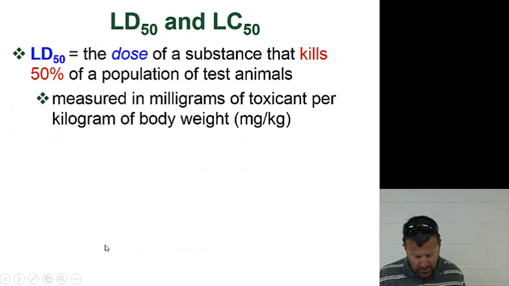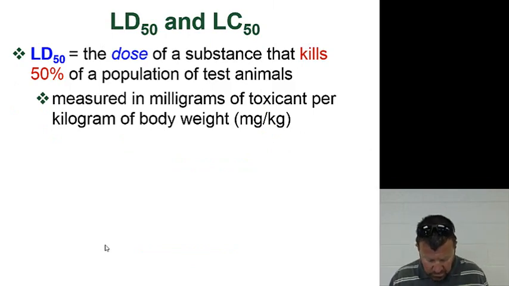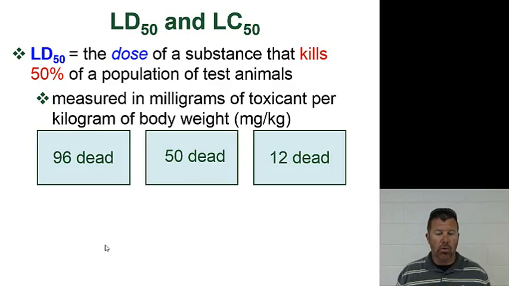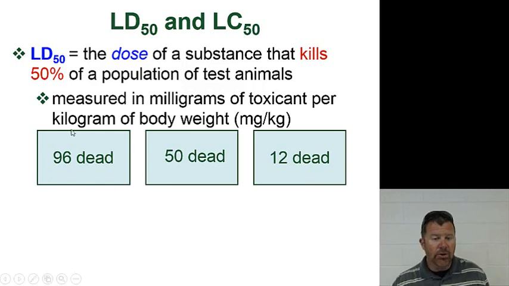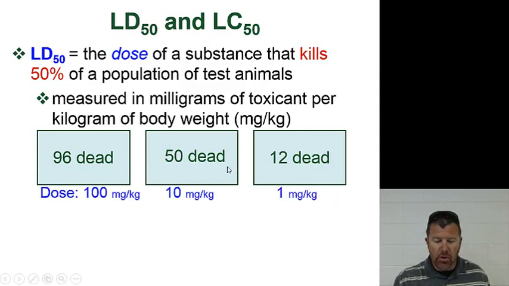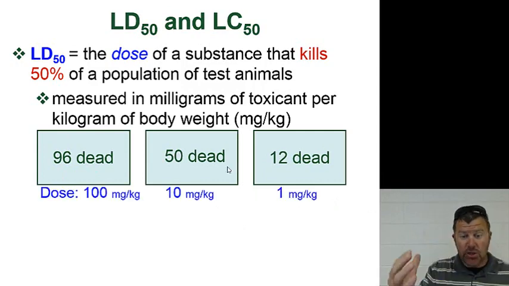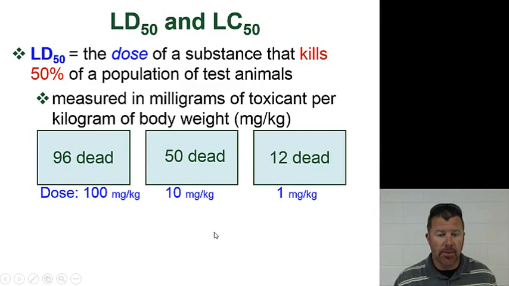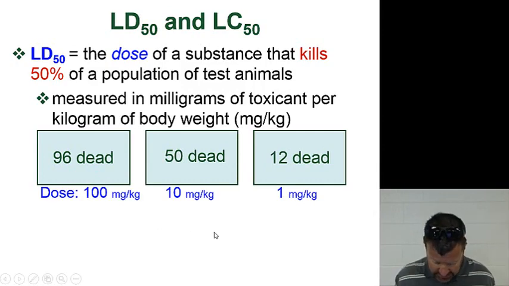For example purposes, let's say that we have a population of rats. We have 100 rats in 3 different experiments. Through oral exposure, we are going to feed each group of rats a certain amount of pesticide.